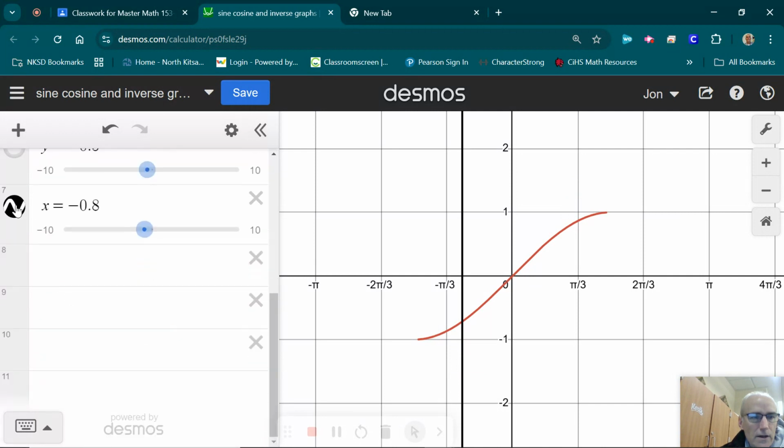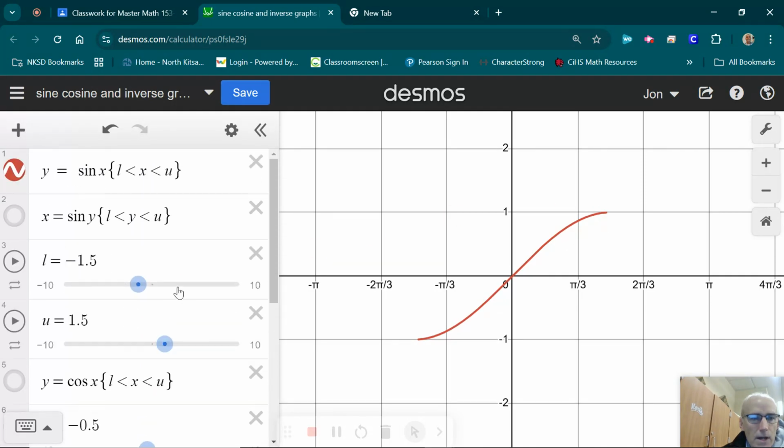We don't need that. Now my sine function is constantly increasing the whole way. That means that my inverse function is going to be a function, right? I really shouldn't call it an inverse function until I know it's a function. And so a vertical line is only going to cross in one spot on this purple colored curve, right?